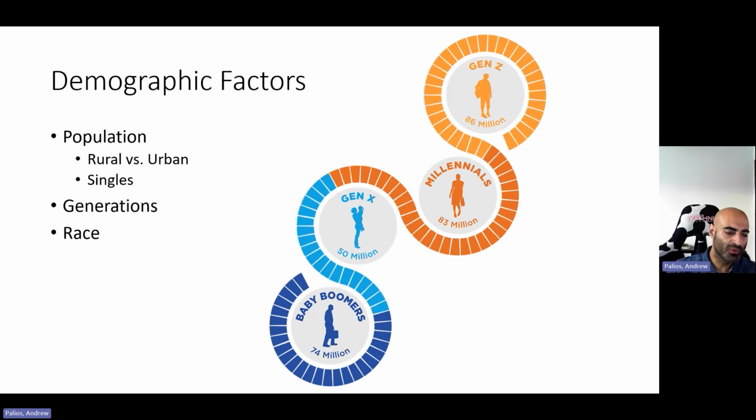Appealing to the more rural populations would be where car advertisers primarily want to go, as far as demographic targeting for our advertising and marketing is concerned.